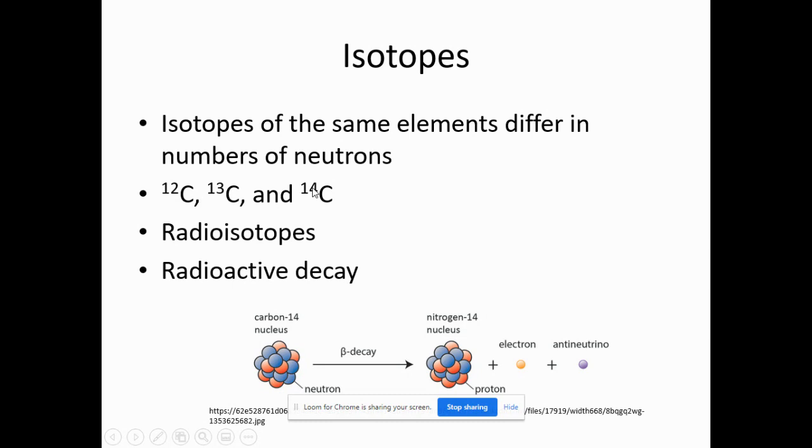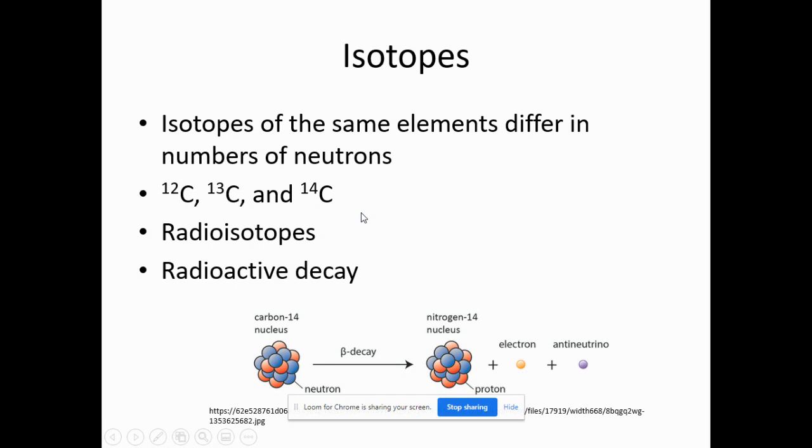They're all carbon, so what does that tell you? All 3 of these atoms have 6 protons in their atomic nucleus. So how do they differ? They differ in the number of neutrons. This one has 6 protons and 6 neutrons, this has 6 protons and 7 neutrons, and this has 6 protons and 8 neutrons.